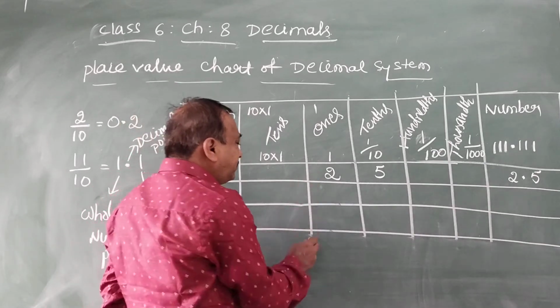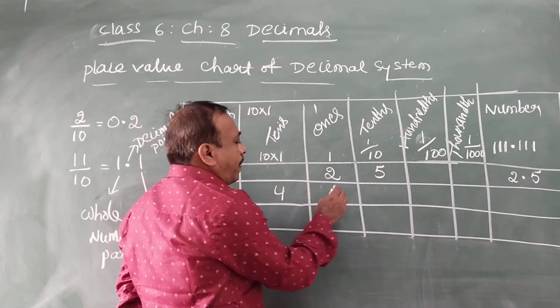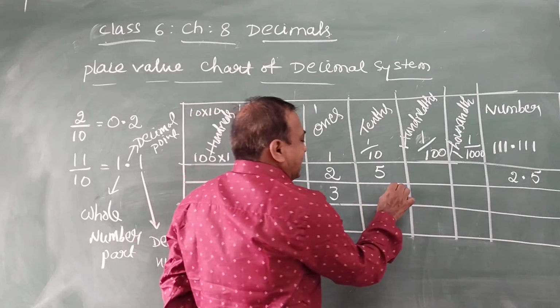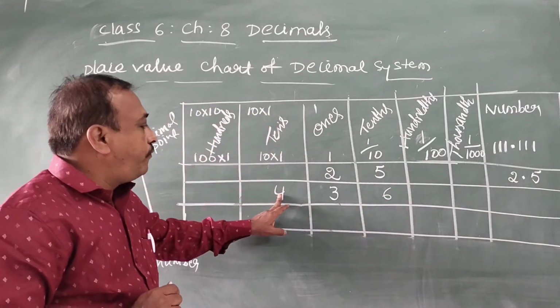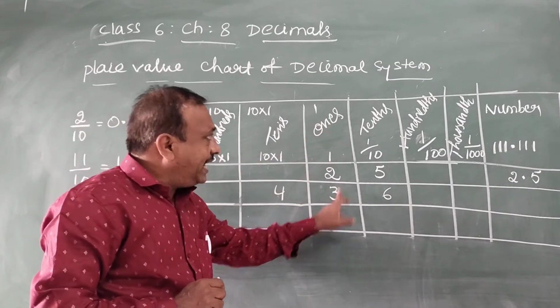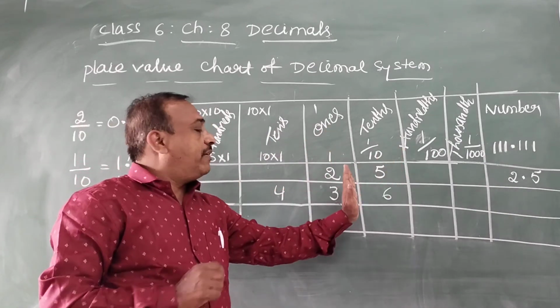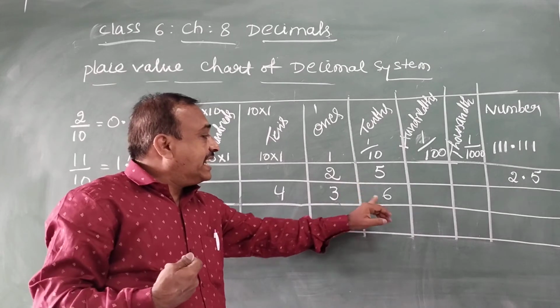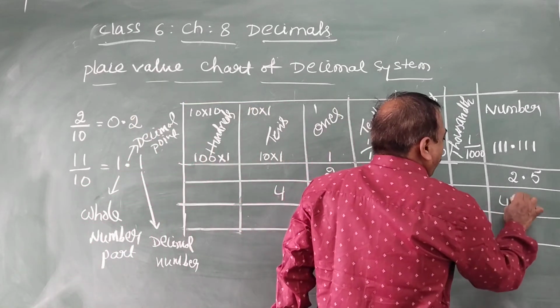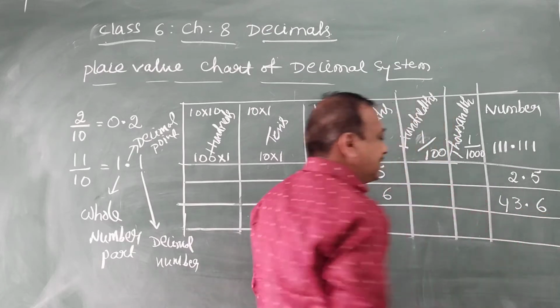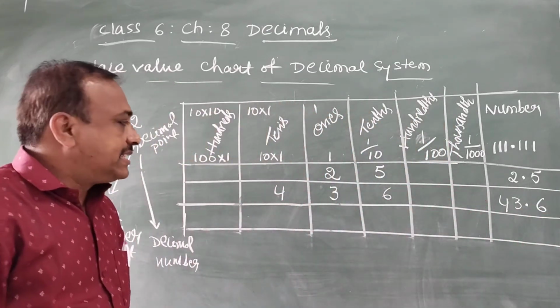Next, if I write 4, 3 and 6, how to write the number? Tens place 40 and 3, because it is the decimal side, 6 tenths, so 43.6.